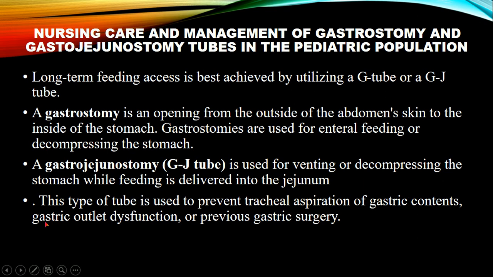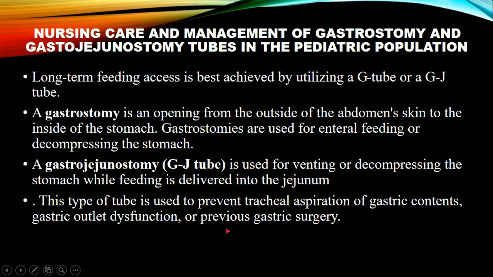Second is gastric outlet dysfunction. If there is a problem in the connection between the stomach and the duodenum, if you remember the pylorus, the end part of the stomach is called the pylorus. So if you have any problems at the pylorus, that means gastric outlet dysfunction is there.